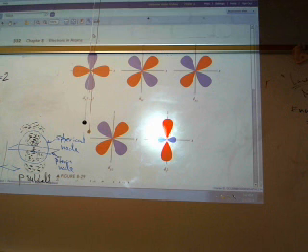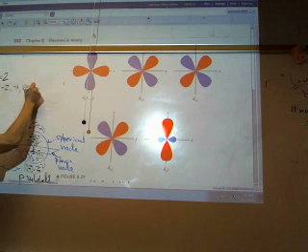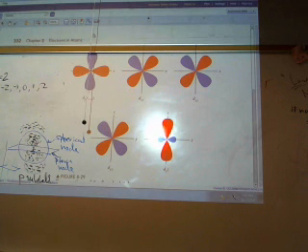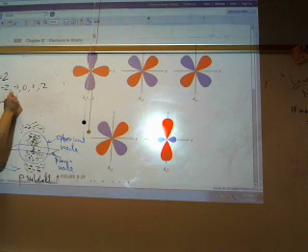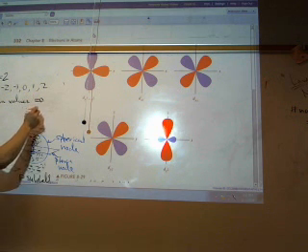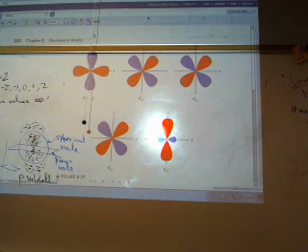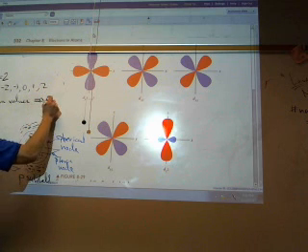If L equals 2, then M can range from -2 to +2. So we go -2, -1, 0, 1, 2. And so here we get 5 M values. 5 M values mean how many orbitals? Five orbitals.